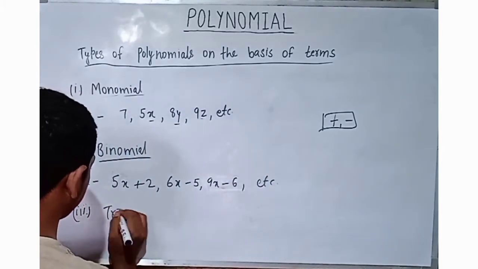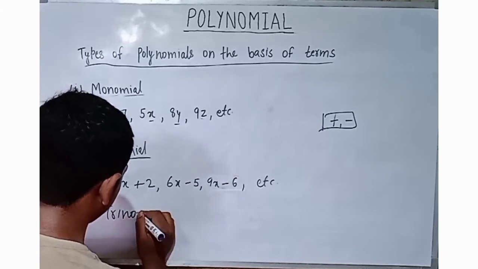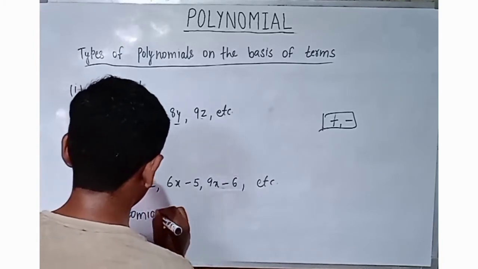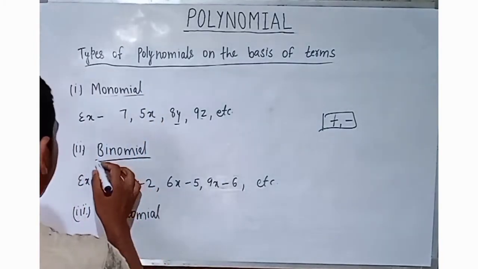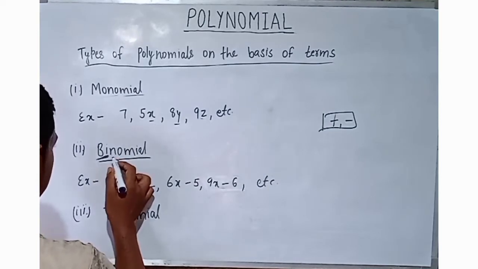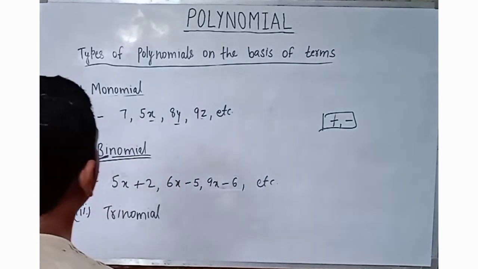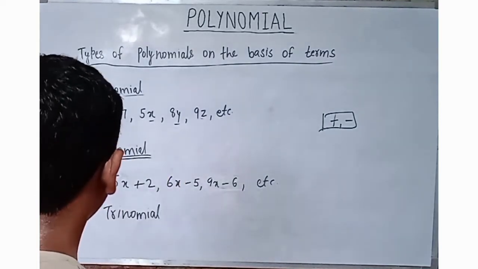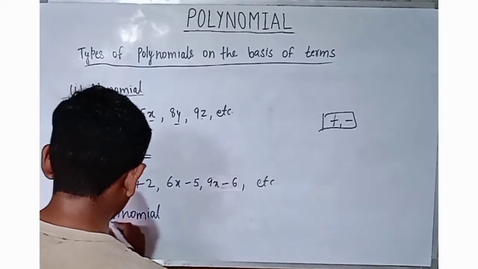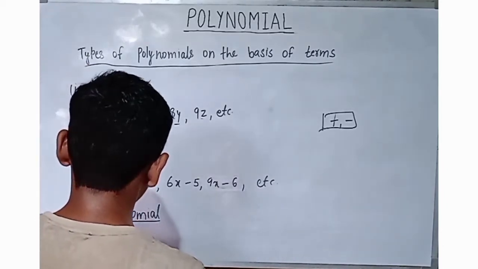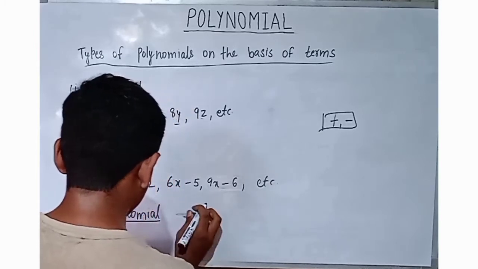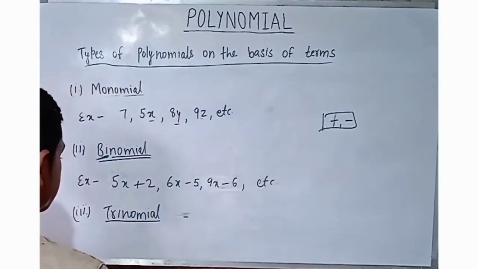So the third one is trinomial, okay? Tri means three, nomial, bi means here two, okay? Binomial, okay? So here trinomial, so tri means three and nomial means terms, okay?